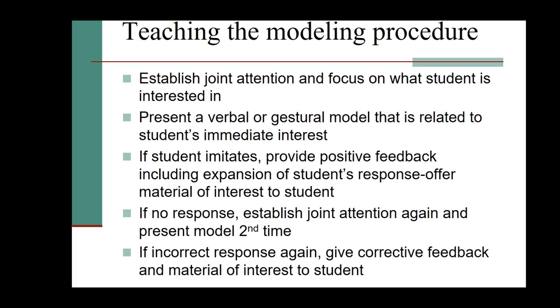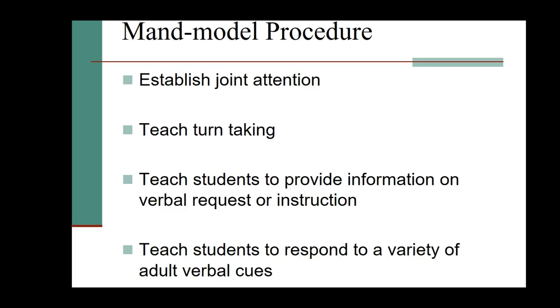If they don't respond, then we try again and we model it a second time. If it is an incorrect response again, we give corrective feedback. I like how you looked at me, but let's try putting our hands up like this. And we try the material of interest again.